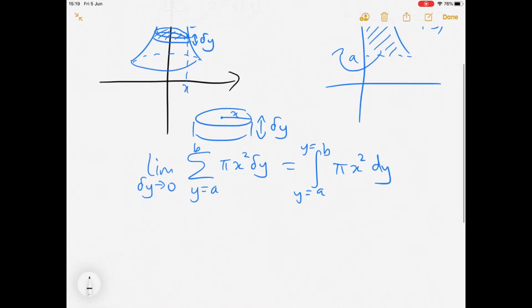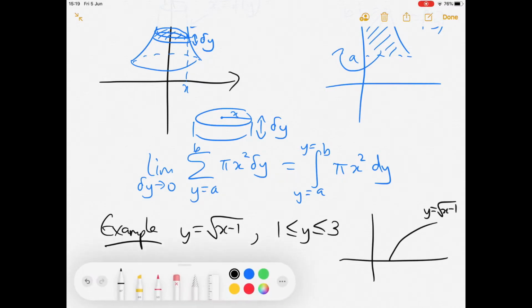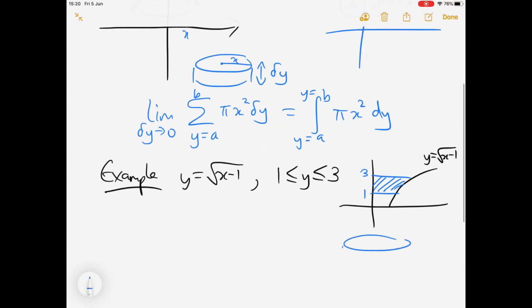Okay, so let's see an example. If we consider the curve y equals root x minus 1, where y is between 1 and 3, and the question is the region. So if we just sketch it, root x minus 1 looks something like this, and then y is between 1 and 3, and we have this region here which we're rotating to form some sort of solid that looks kind of like this.